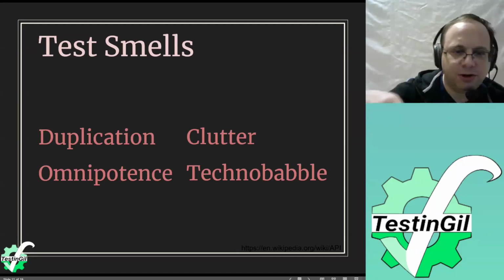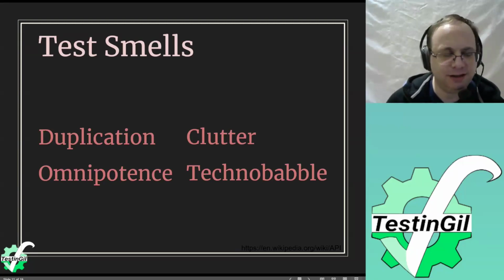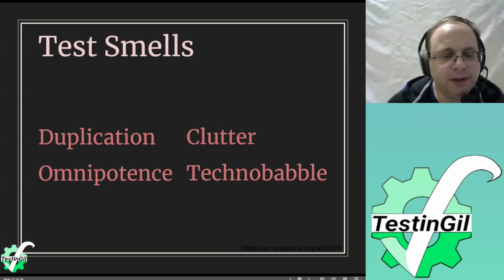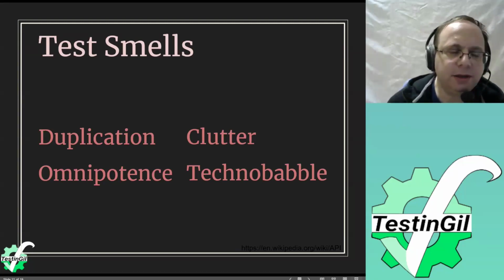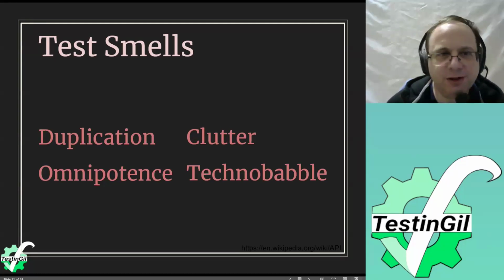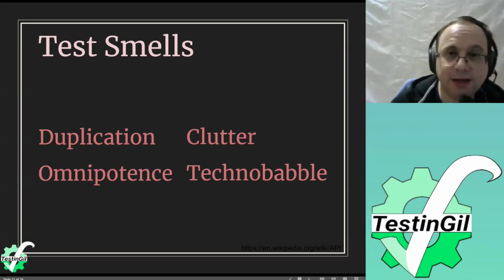Which leads us to omnipotence. We have anti-patterns called God class and God method in clean code, and these are giant methods and classes. Everybody knows what these things look like, and everybody who looks at them doesn't want to spend much time with them. Tests are the same.